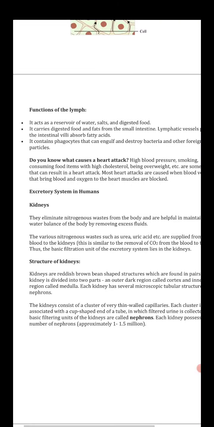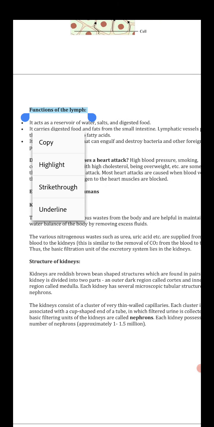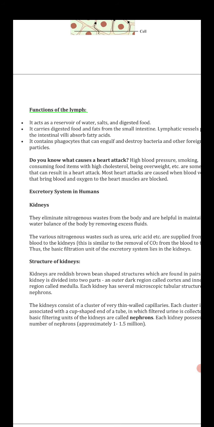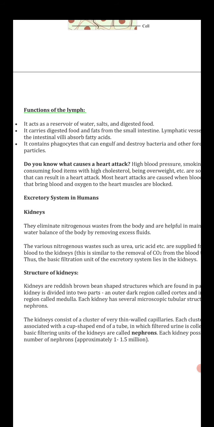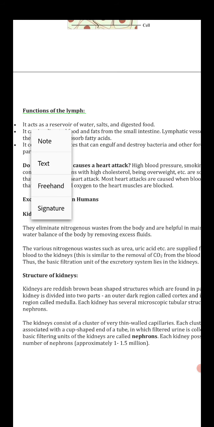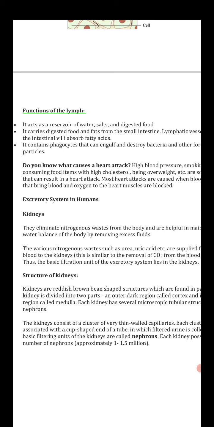This is the important thing: what is the function of the lymph? You have to remember 3 to 4 points of the function of the lymph for your 3 marks or 2 marks question. It acts as the reservoir of water, salts and digested foods.